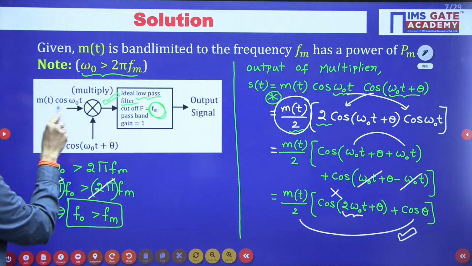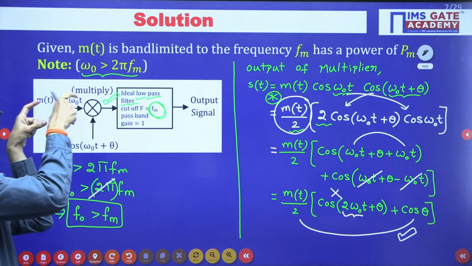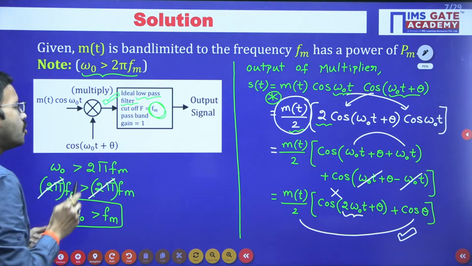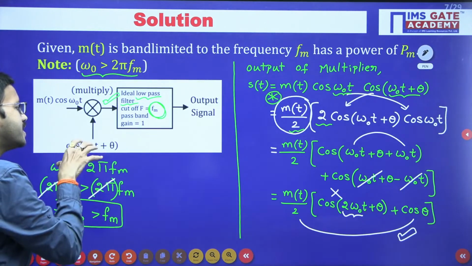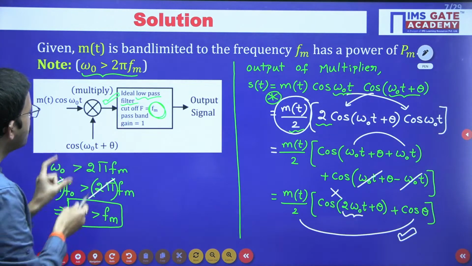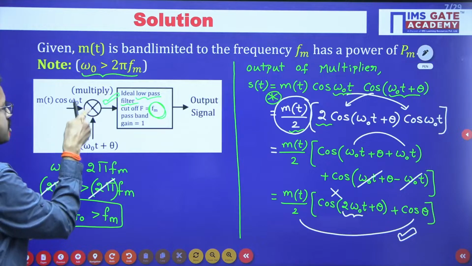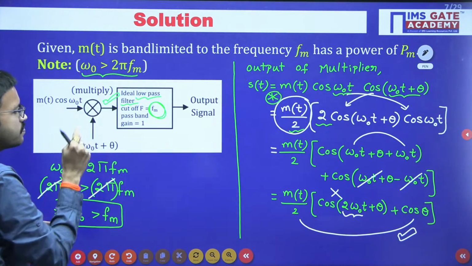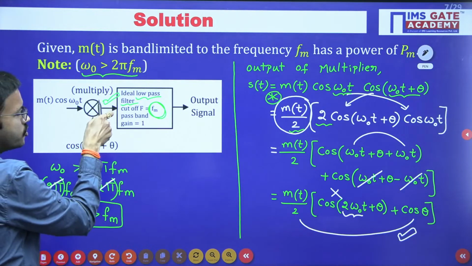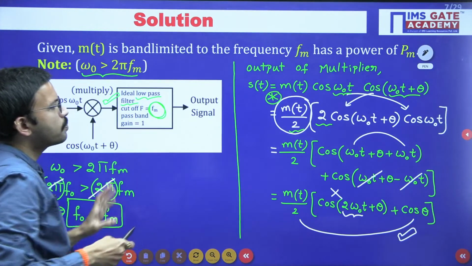One is the modulated signal, that is DSB-SC in this example, and the other one is the locally generated carrier signal. According to the question, you have a phase shift between the carrier signal at the transmitter and the one at the receiver. Then you pass the result through a low pass filter.